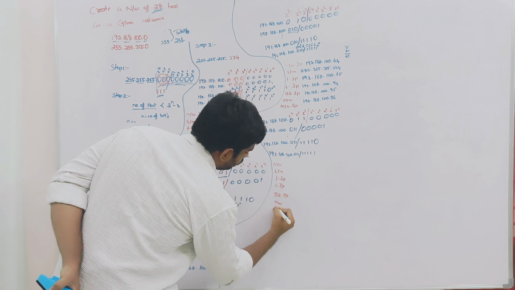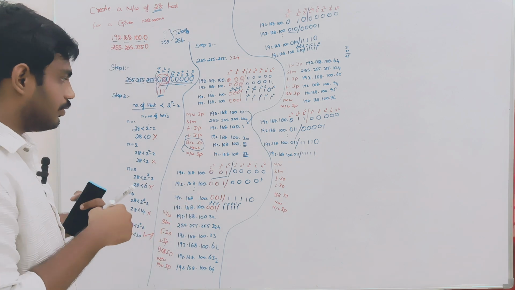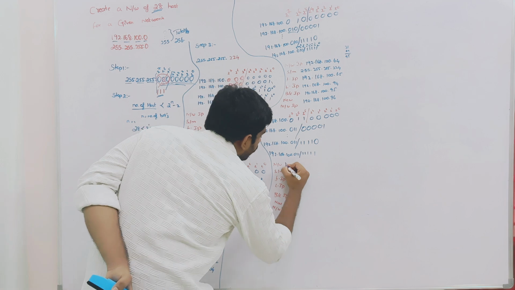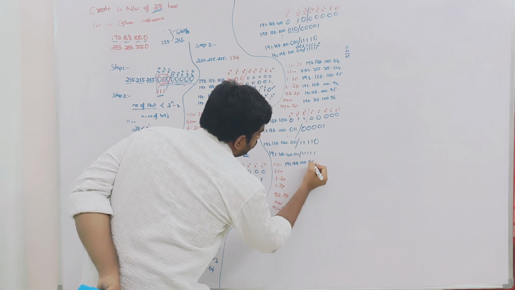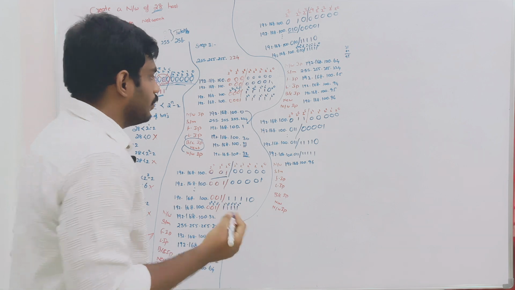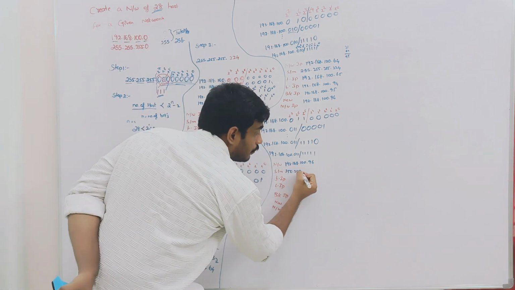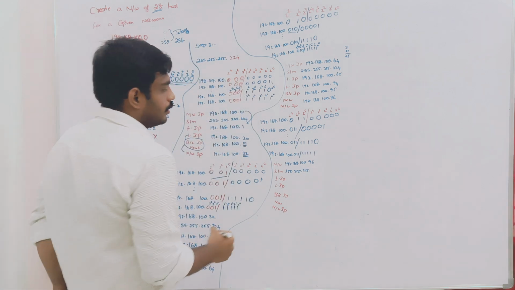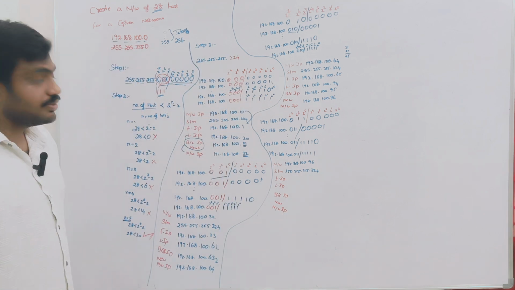and new network IP. What will your network IP be now? So your network IP is 192.168.100.96, your network IP, and the subnet mask is 255.255.255.224, your subnet mask.